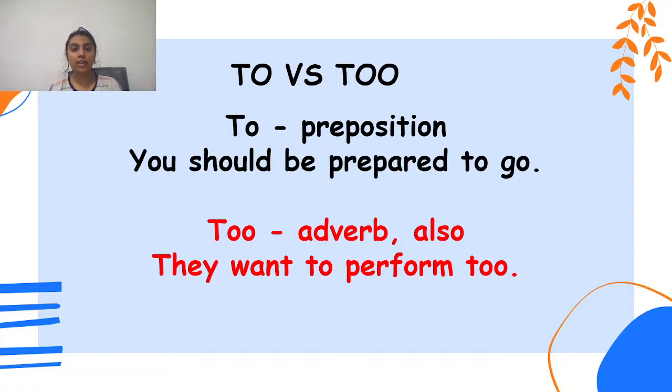Do you think this would matter to them as well, or do you too think that this is going to bother them? Do you also think that this is going to bother them? All right, so these are the multiple ways in which to, the preposition, and the adverb TOO can be used.